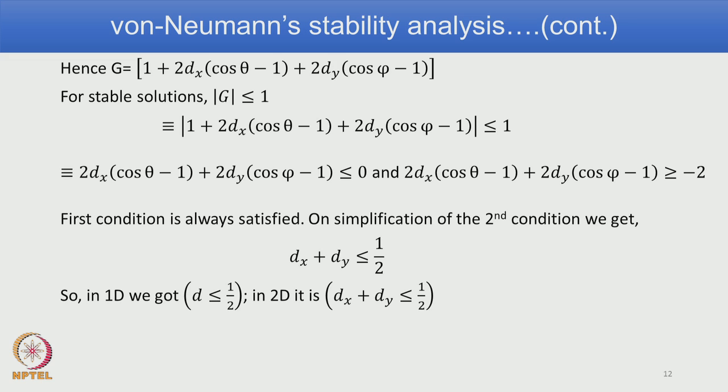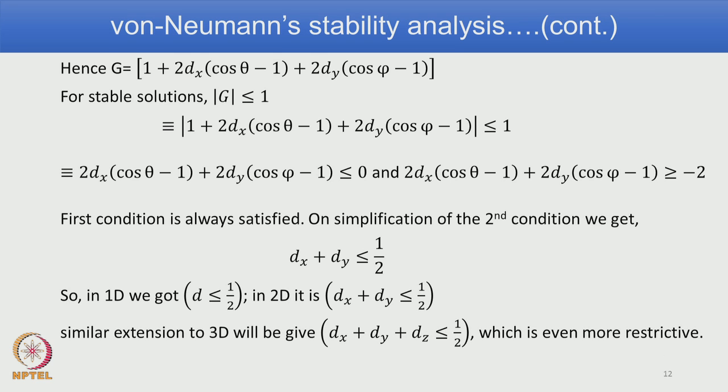So, if you recall, in one dimensional we got d to be less than or equal to 1 by 2. Now, in two dimensional dx plus dy to be 1 by 2. So, you can imagine if you extend this procedure to 3 dimensional, then it becomes dx plus dy plus dz less than or equal to 1 by 2.